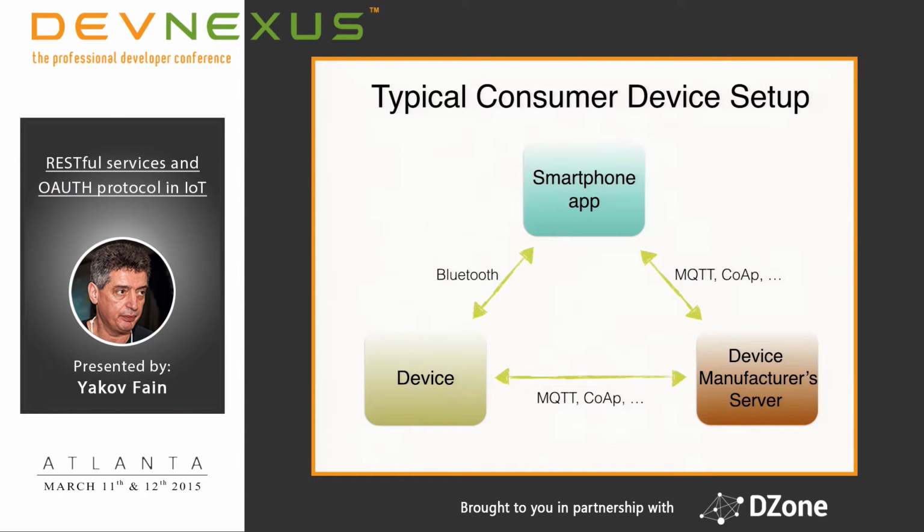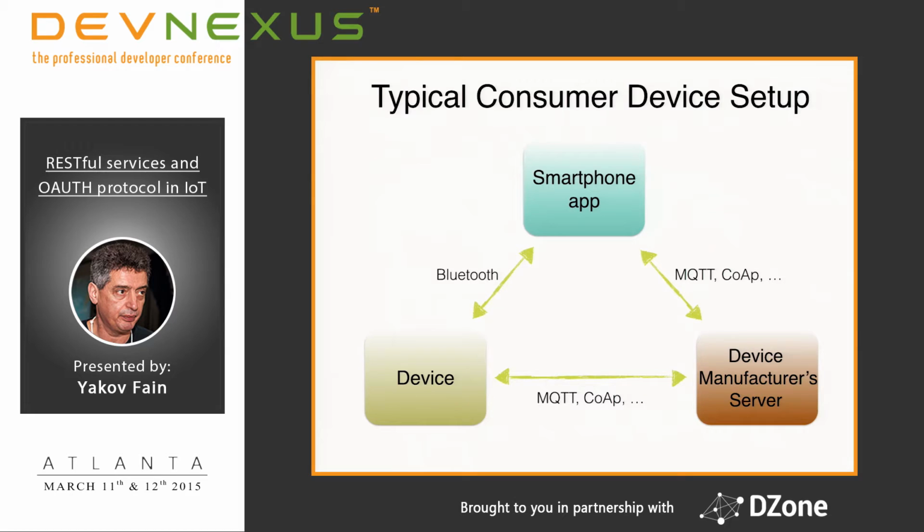A typical setup, you buy a thing and they tell you, you have a smartphone? Yes. Here's an app, install the app, and it'll count your blood pressure, like scales, for example, or steps, how you sleep, and everything.